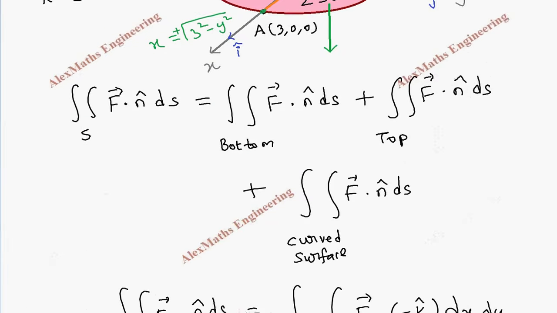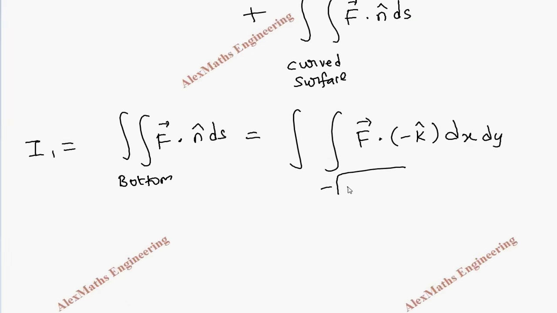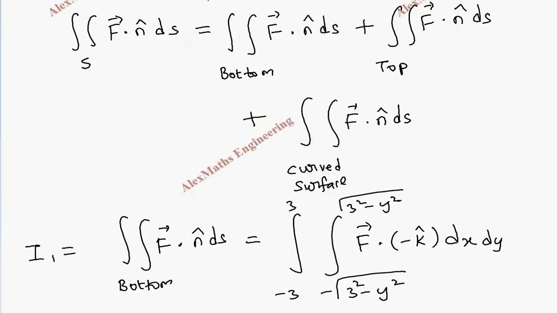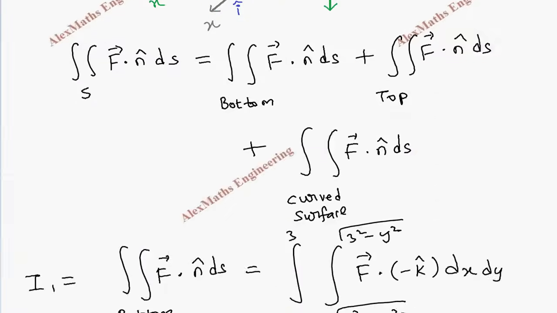So x varies from minus root of 3 square minus y square to root of 3 square minus y square, and y varies from minus 3 to plus 3, which we can see from the diagram.